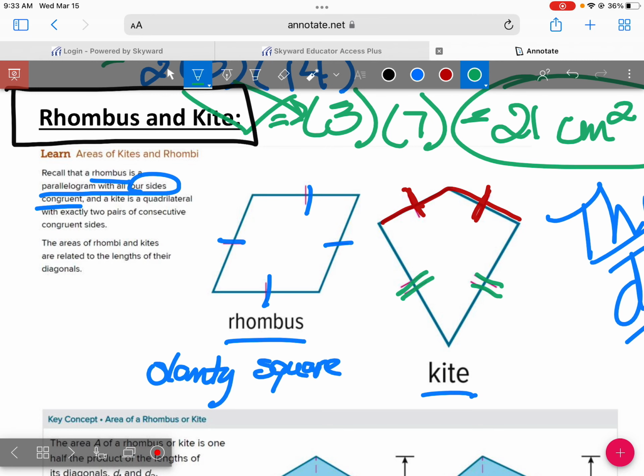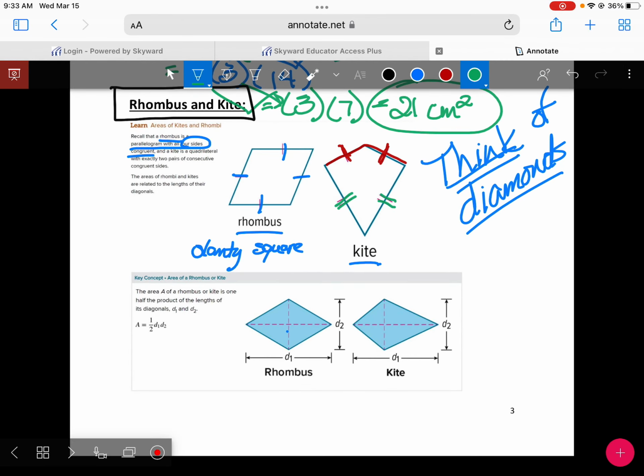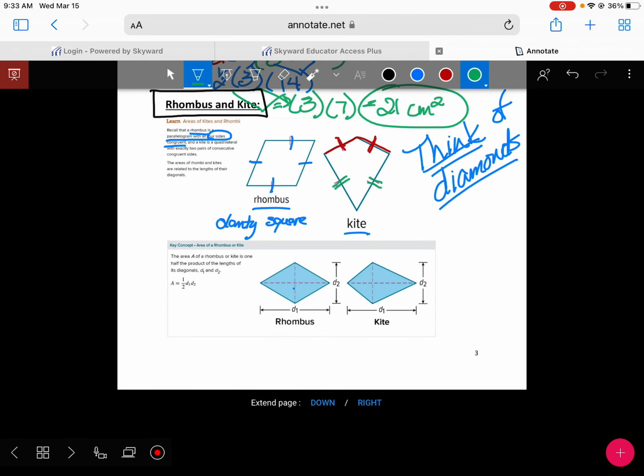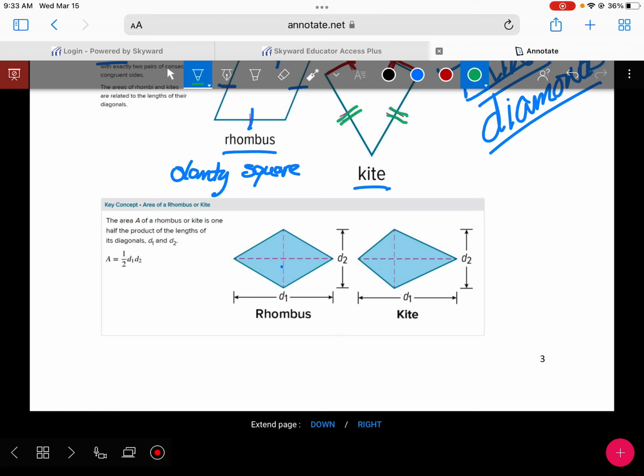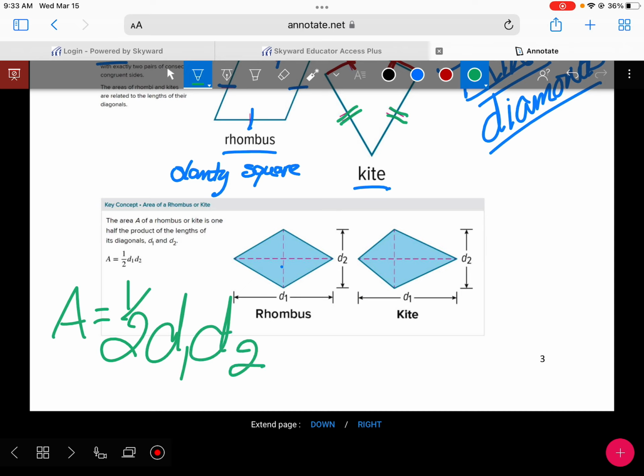All right? The reason why I want you to think of diamonds when we have a rhombus and a kite is because the formula for the area of them is 1/2 d sub 1, which means diagonal, times d sub 2.